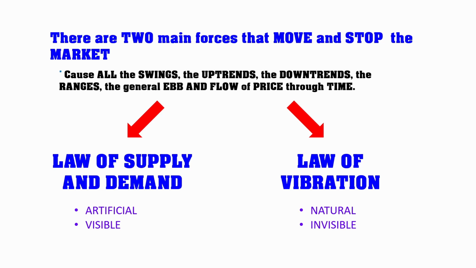So, of course, economic researchers and economists and all the academic establishment recognize only the law of supply and demand as the only force that moves the market and prices in the market. And of course, we have to recognize it's very powerful, but it is not the only thing.